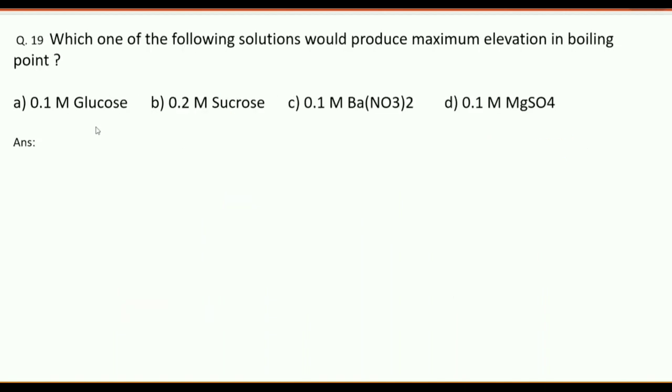19th question: which one of the following solutions would produce maximum elevation in boiling point? 0.1 molar glucose, 0.2 molar sucrose, 0.1 molar barium nitrate, and 0.1 molar magnesium sulfate. So the elevation in boiling point depends upon the number of ions.